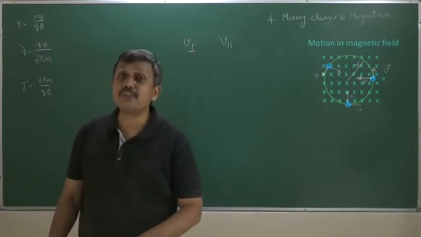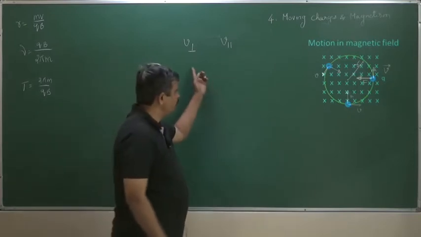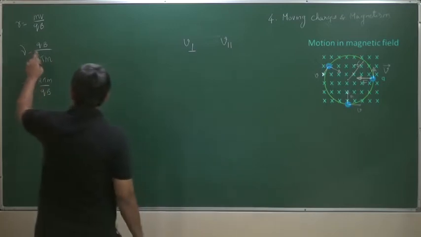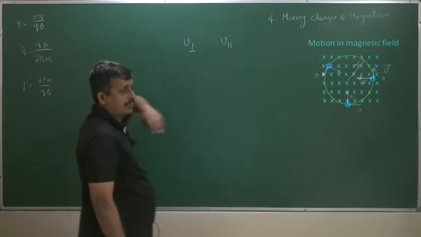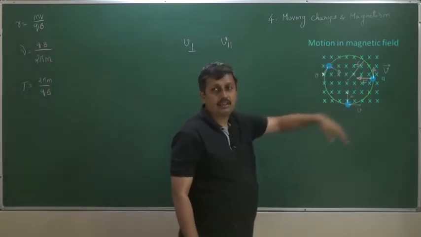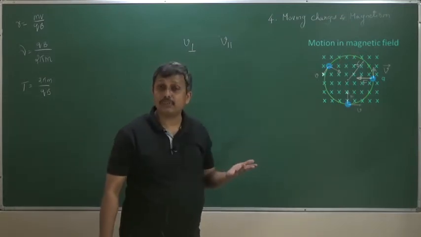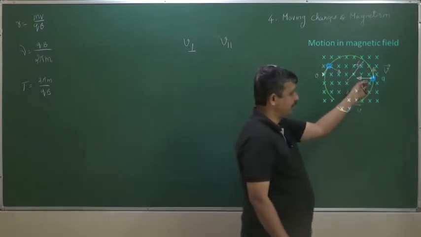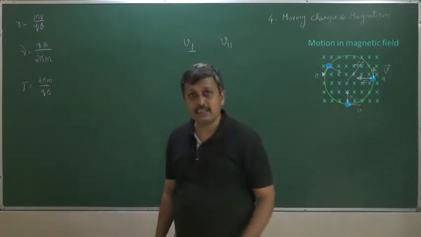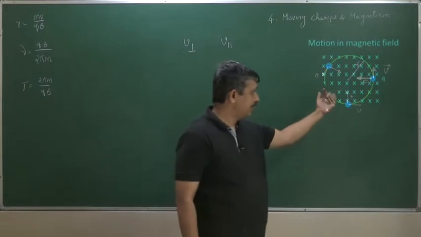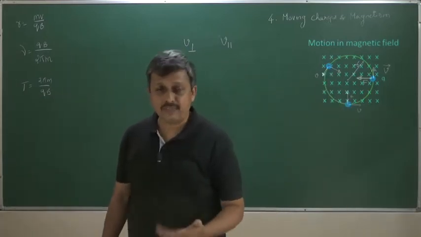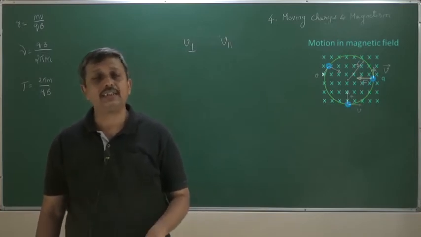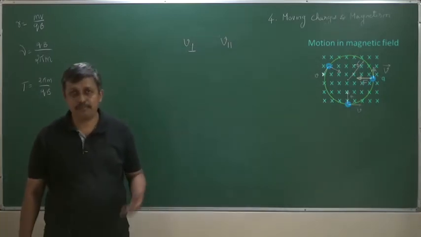Now what happens to the perpendicular component? It behaves exactly like this, so you can substitute the perpendicular component into this and calculate the value of r. Now what about the parallel component? The one which is parallel to B, either in the same direction or the anti-parallel direction, in either way, when it is parallel to B, sin theta is sin 0, hence no force is being applied.